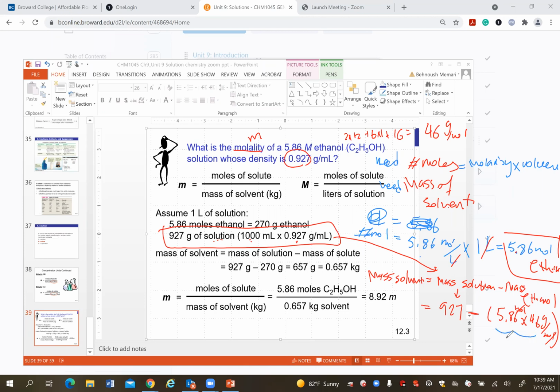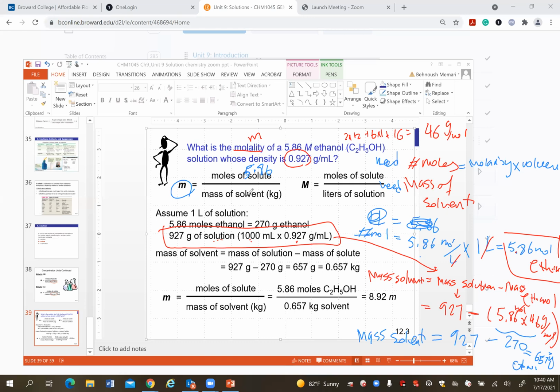This adds up to 270. We are looking for the mass of solvent, and that equals 657 grams. For molality, we need the moles of solute, which we have, 5.86, because the number of moles doesn't change.